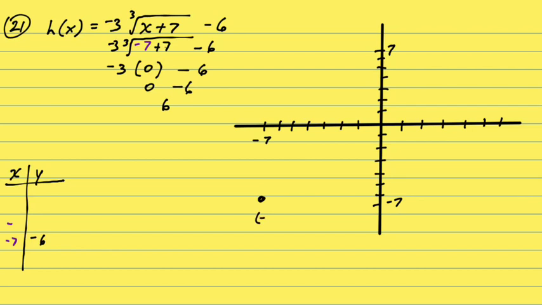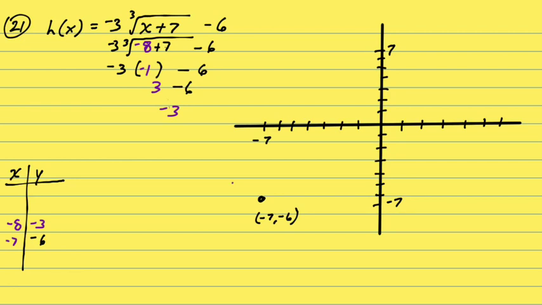So I believe it's going to go -7, -6. I can take third roots of negatives, so I can go further negative. I can plug in a -8. If you put in a -8, you get the third root of -1. The third root of -1 is -1. So that makes 3 minus 6, or -3. So -8, -3.